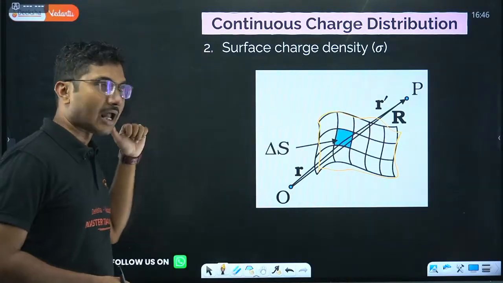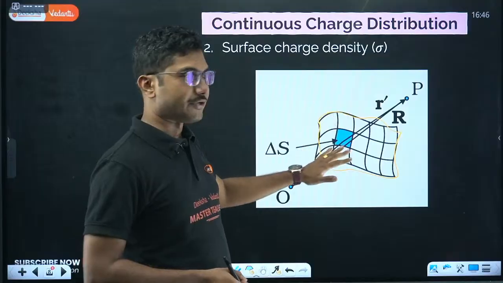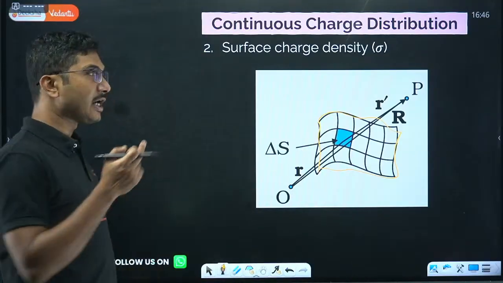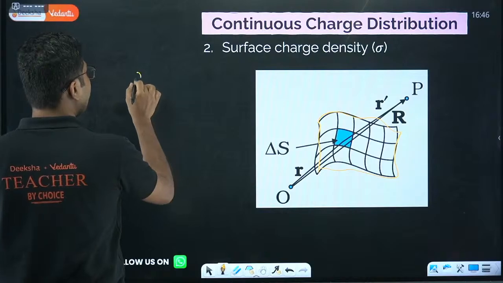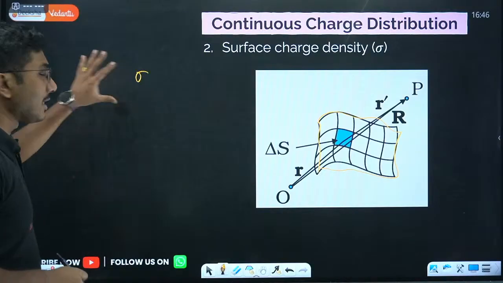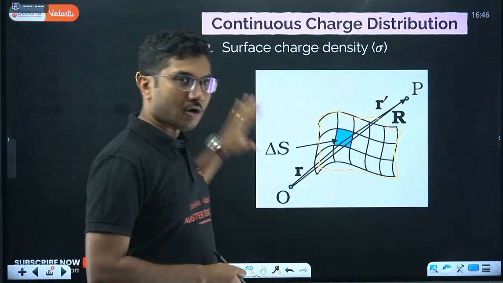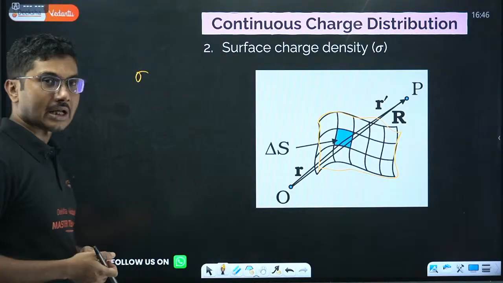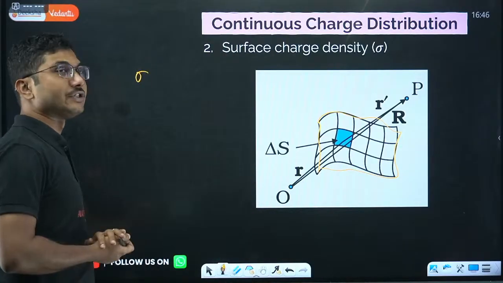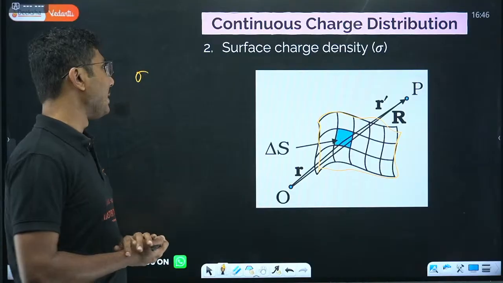Previously it was a charged line, now it is a charged surface. Similar to line charge, you can calculate the surface charge density, which is denoted by the symbol sigma. This concept is very important, not only in this chapter but also in the next chapter, electrostatic potential and capacitance.